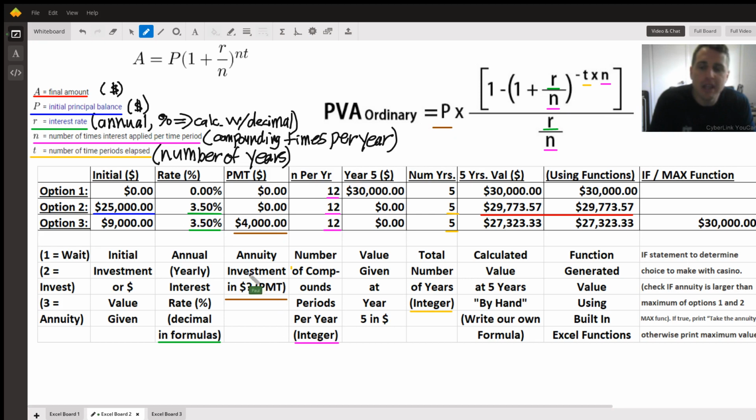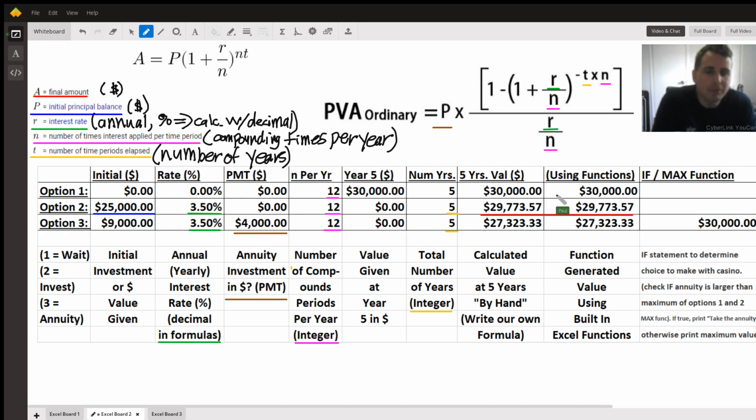That's the annuity that's invested. And remember, for this number, we're using $4,000, but we're actually dividing by 12 when we calculate this in the formula, because we're assuming it's $4,000 over the entire year. So each month, it's 1/12 of $4,000.